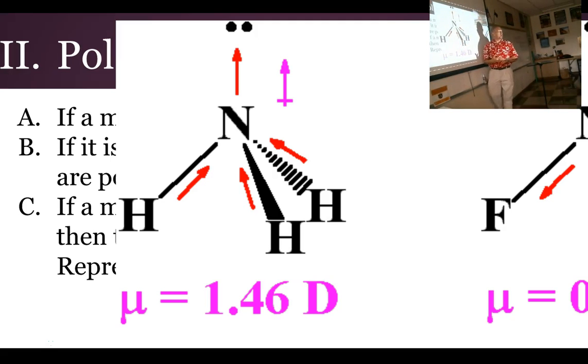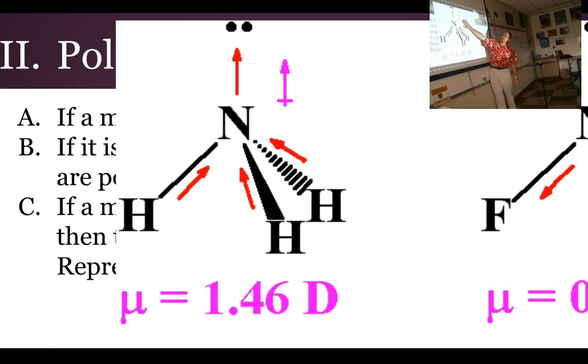So then we could say, okay, it's asymmetrical. Is it polar? Are there polar bonds? And yes, the bonds that are present are polar, because nitrogen pulls on electrons a lot harder than hydrogen does. So the electrons will spend more time around nitrogen than they will spend around the hydrogens. So it satisfies both requirements. It's asymmetrical and there are polar bonds. So ammonia is a polar molecule.